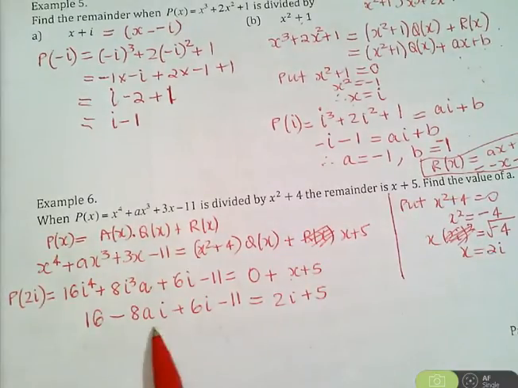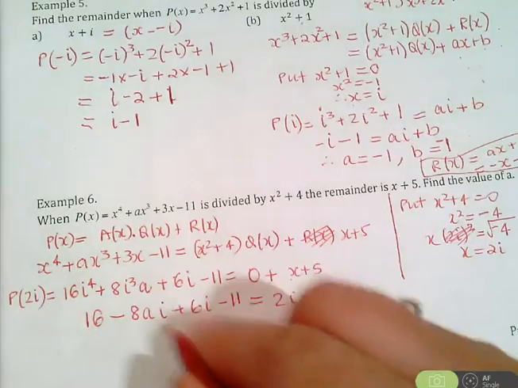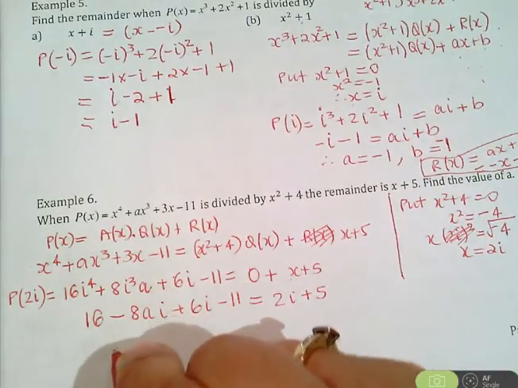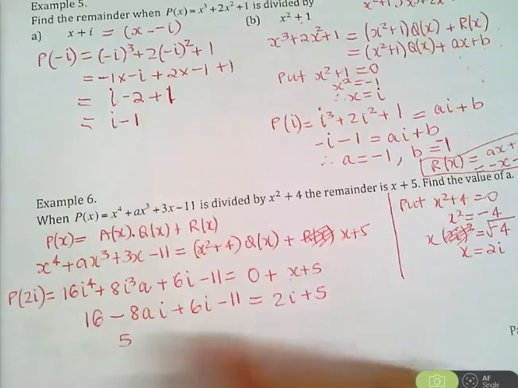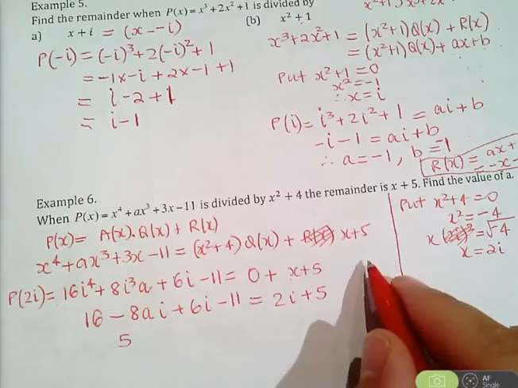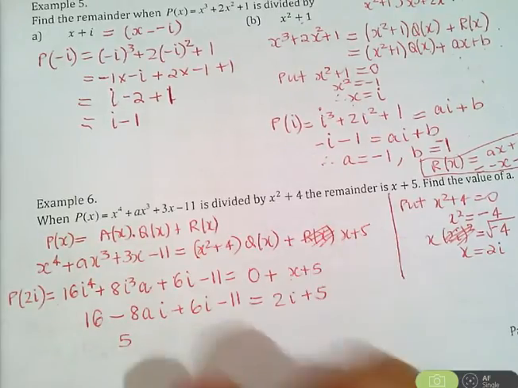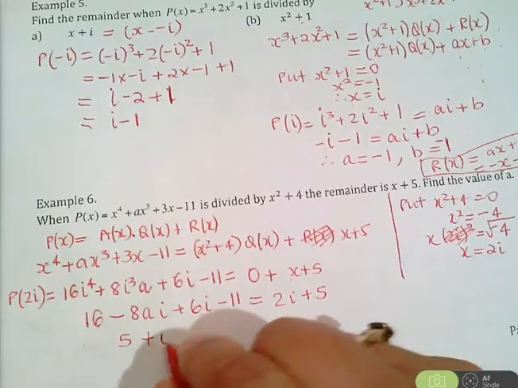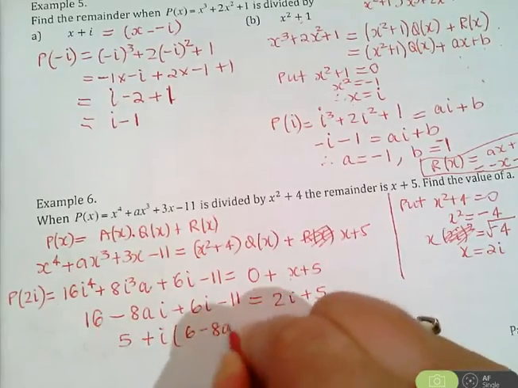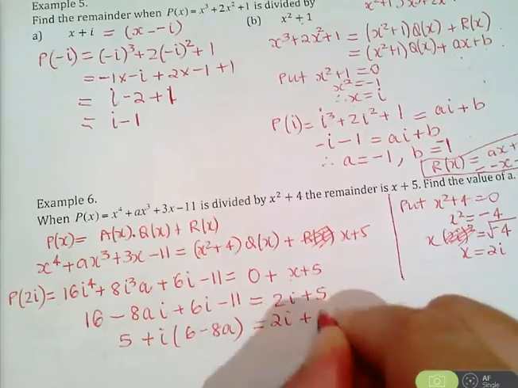Again, collecting like terms, we've got that 16 minus 11 is 5, and that equates with our constant. And we've got plus i times 6 minus 8a is equal to 2i plus 5.